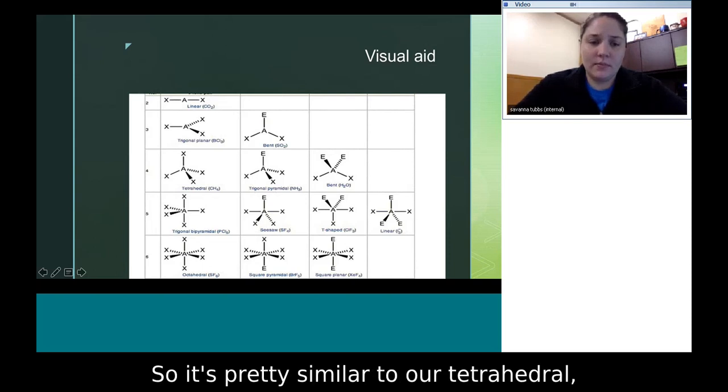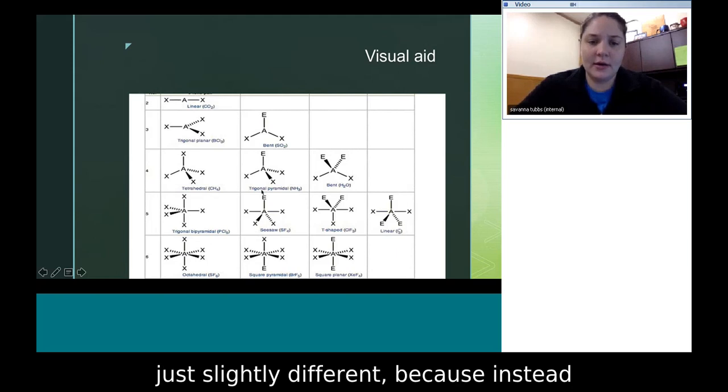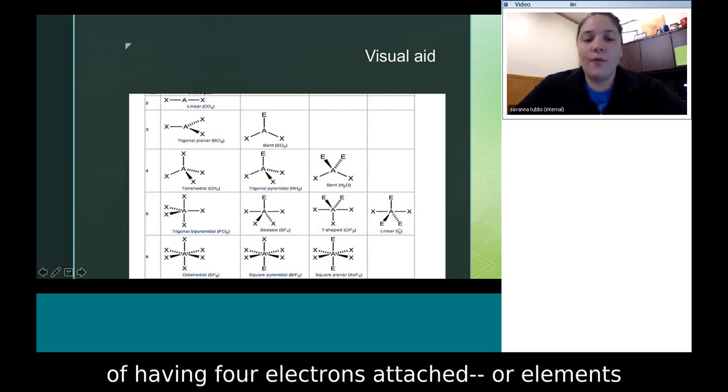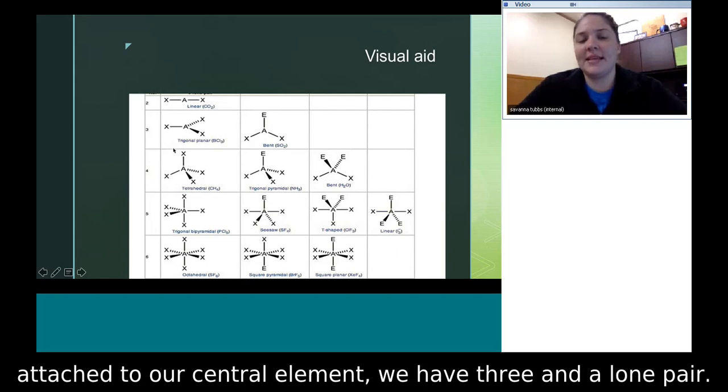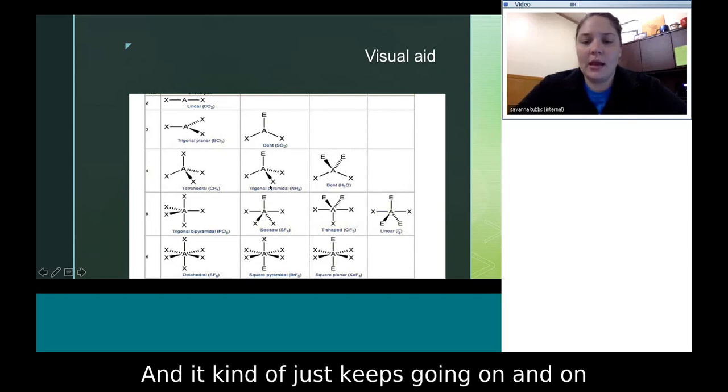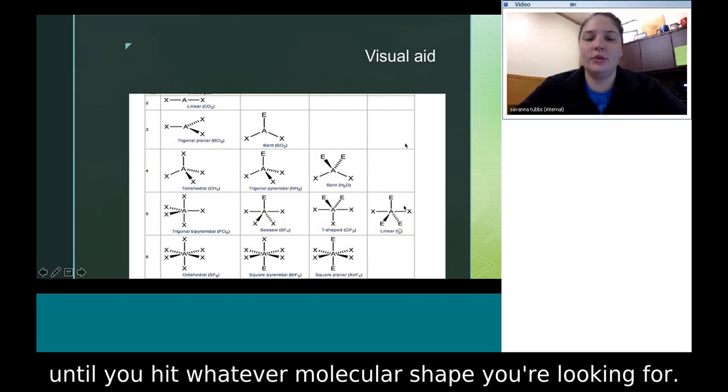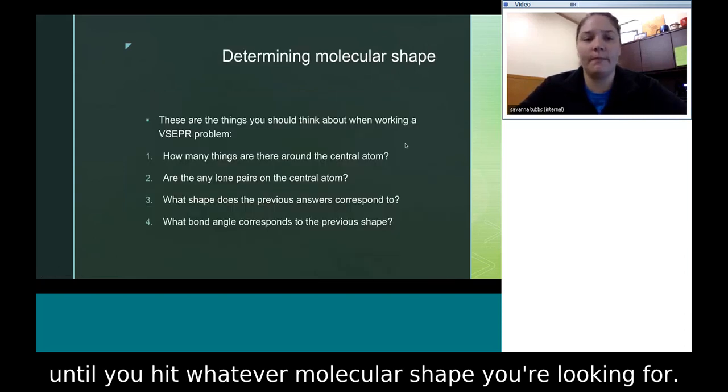It's pretty similar to tetrahedral, just slightly different, because instead of having 4 elements attached to our central element, we have 3 and a lone pair. And it just keeps going on and on until you hit whatever molecular shape you're looking for.